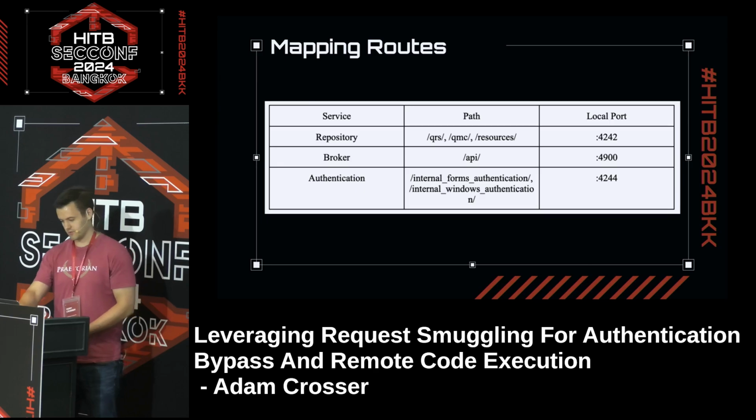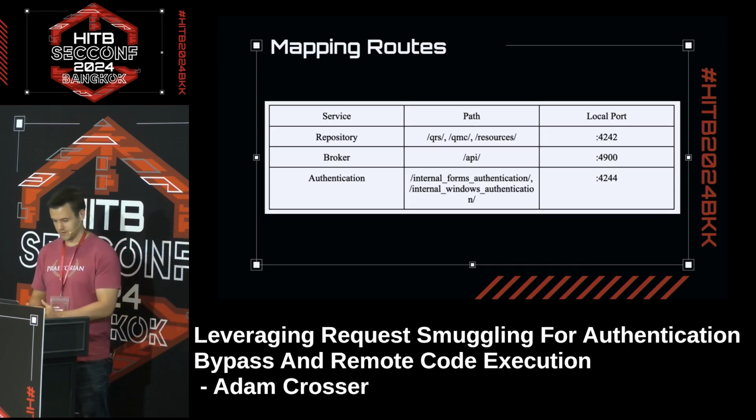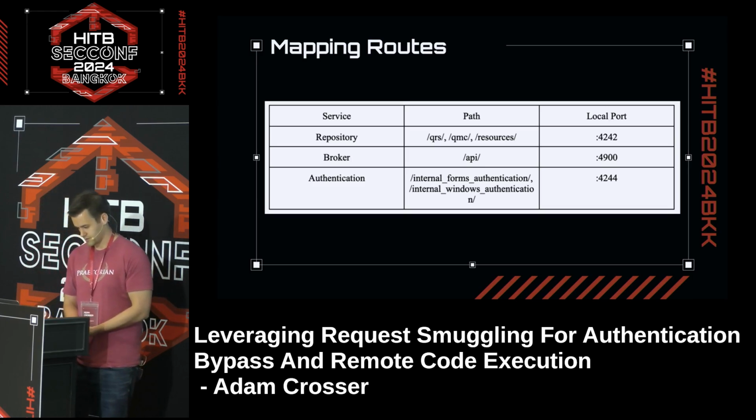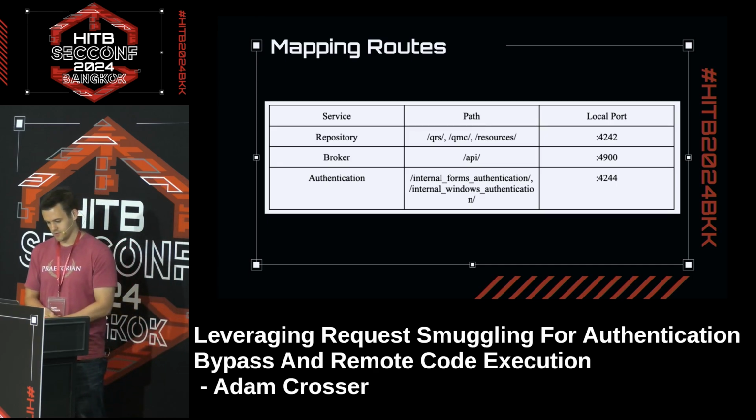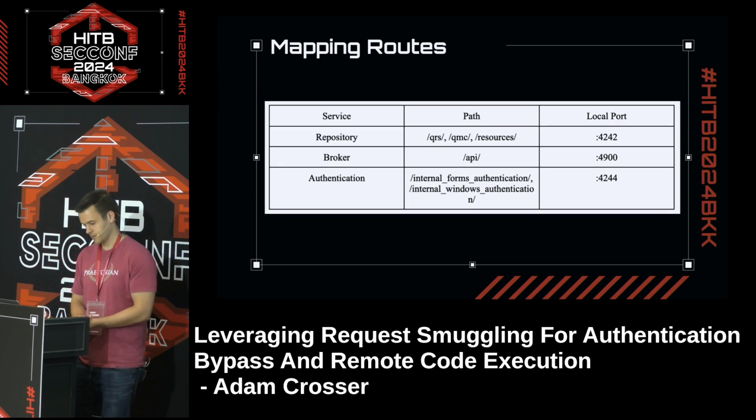It also has a resource directory it uses to serve font files. There's a broker service, and that broker service, depending on the API prefix path used, will route to other components. And then there's an authentication service where you can authenticate using either built-in Windows NTLM authentication or forms-based authentication.